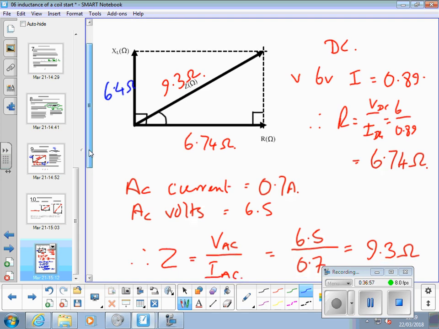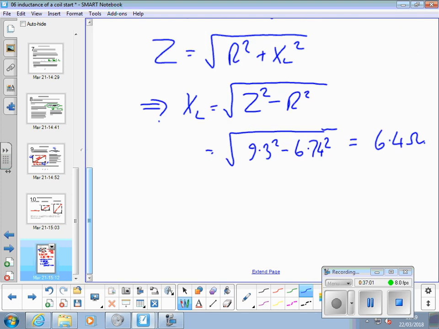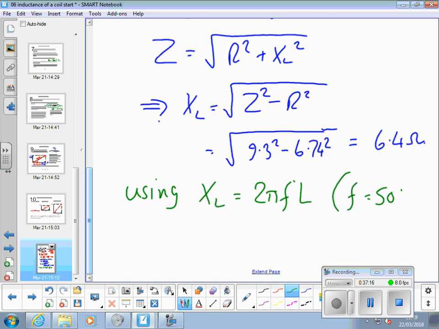Now, using XL is equal to 2 pi F L, F in this case is equal to 50 hertz.